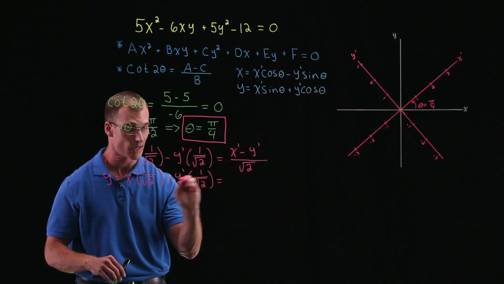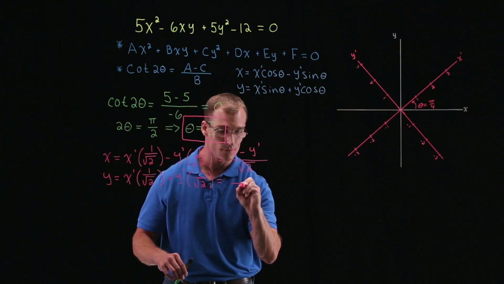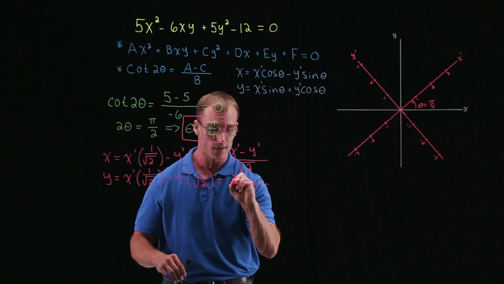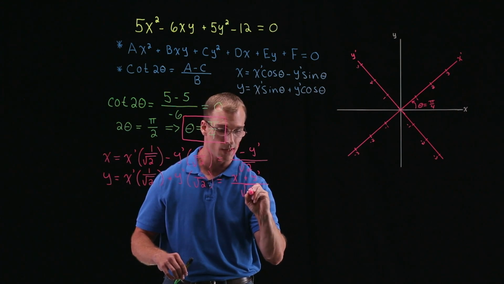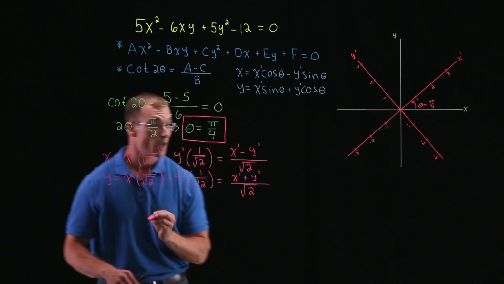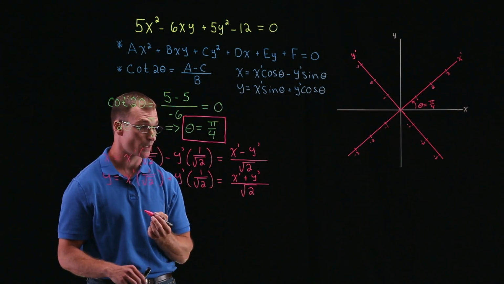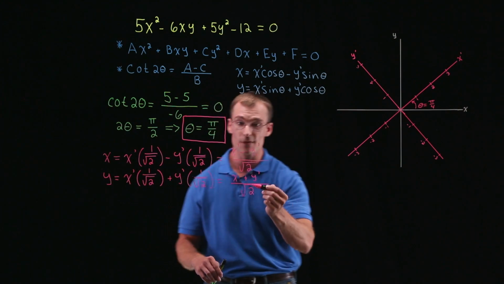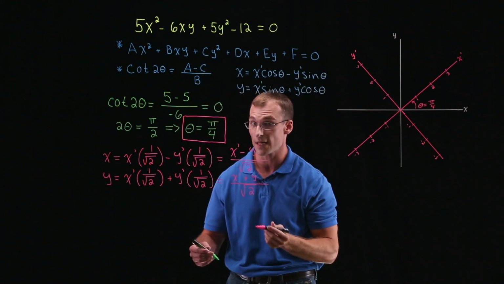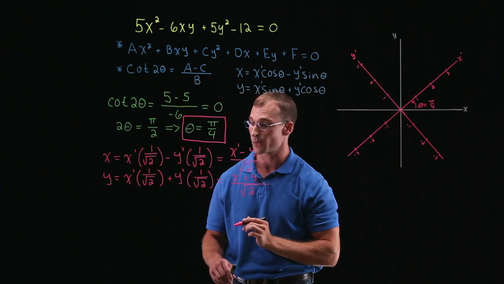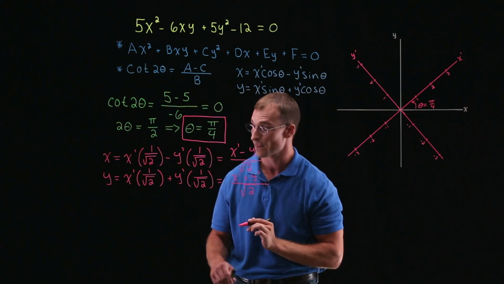Simplifying with a common denominator, this is x prime plus y prime, all divided by the square root of 2. Now, we're going to plug these into our original equation, which will eliminate the xy term, and then simplify and write the equation in standard form.